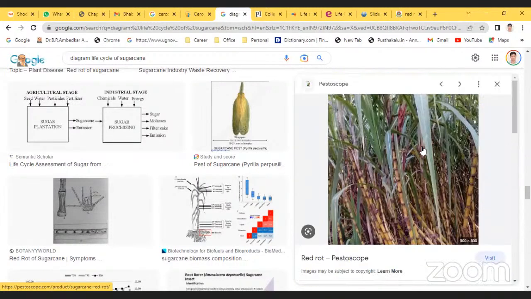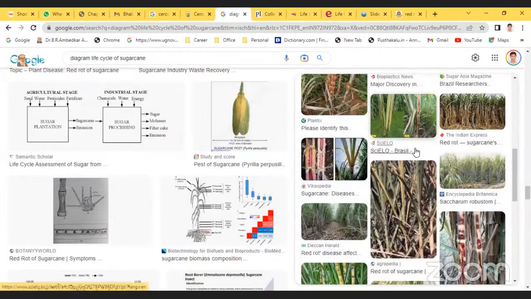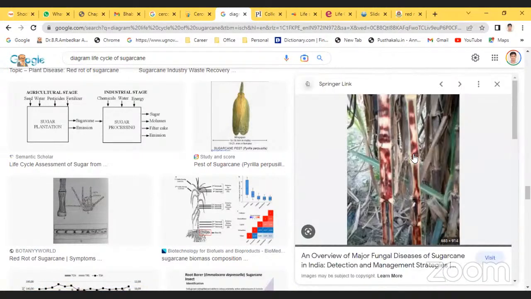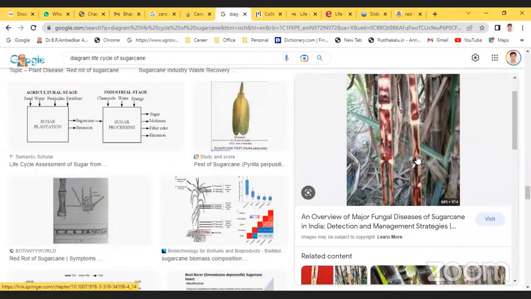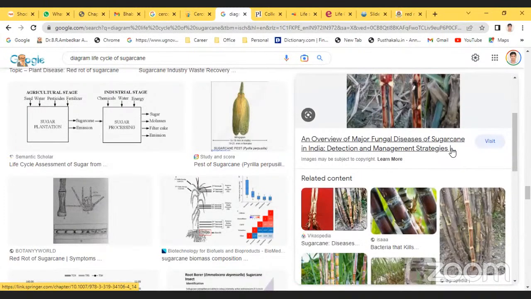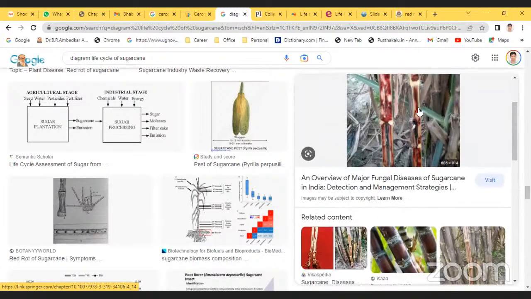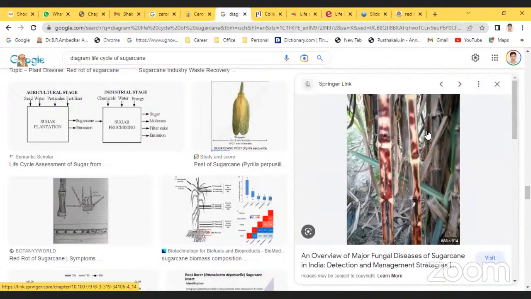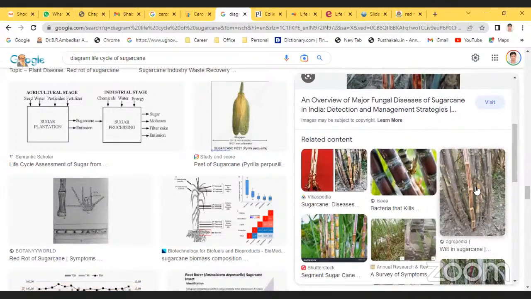So finally, what is happening here? Look here. There is no formation of sugar, so it becomes a loss of weight.